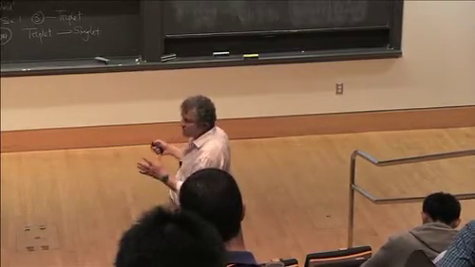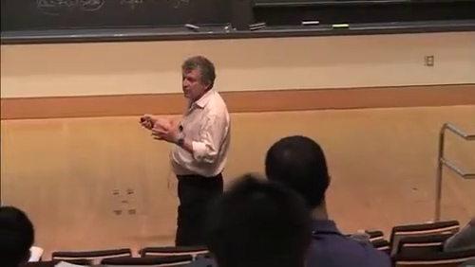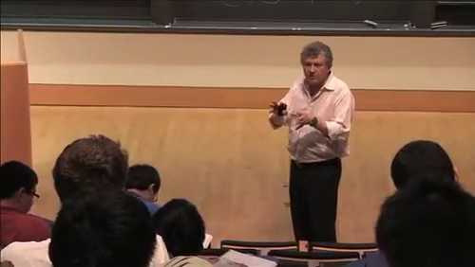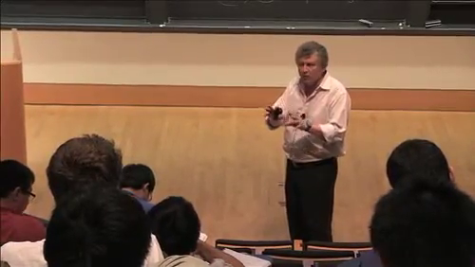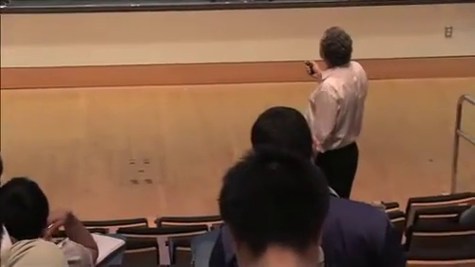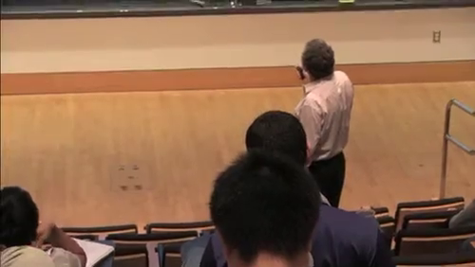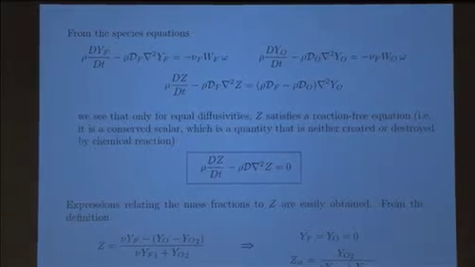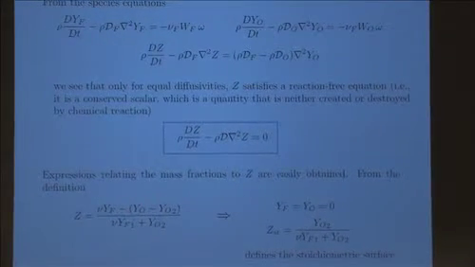Which is not to say that the Lewis numbers are necessarily unity, but it means that the two Lewis numbers of the fuel and oxidizer are equal. The next step will be to assume that they're 1. So if they are equal, it means that you can combine those two relations, and Z is essentially, from the definition, like YF minus YO.